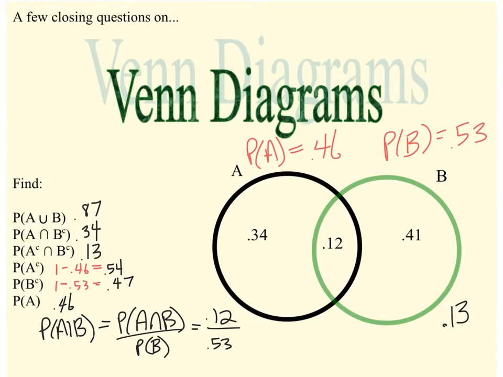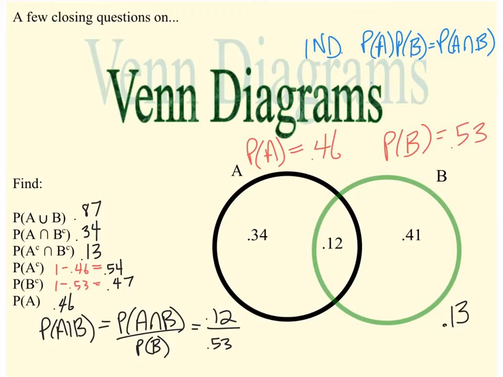The other thing I wanted to visit about was independence. Remember, if things are independent, then the probability of A multiplied by the probability of B is equal to the probability of A and B. So we could check that here.